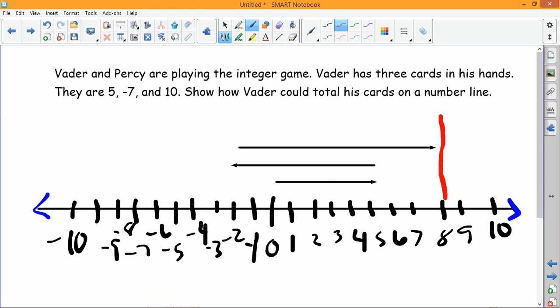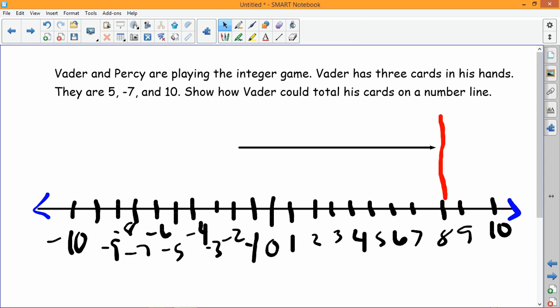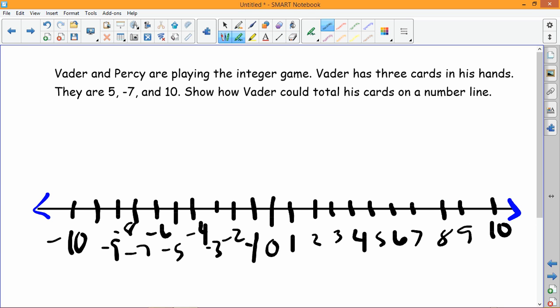Now, another thing that I would like to mention is that you can absolutely use the arrows, which are great, but there's another little tool in our bag of tricks, and we can simply use just counting to help us.